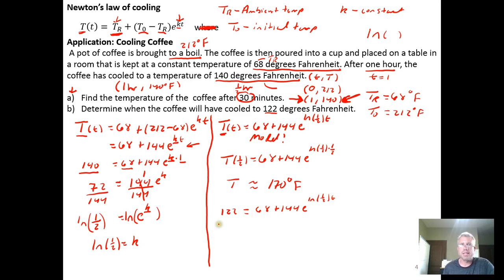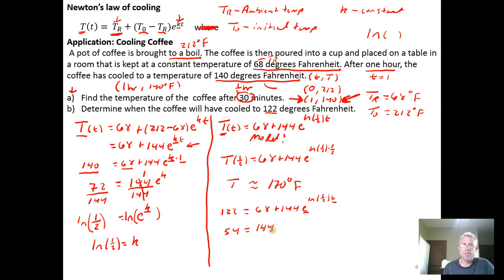Now I need to subtract this 68 from both sides because we have to isolate e to dig time out of the exponent position. So that's going to be what? 122 minus 68 is 54. Subtracting 68 from both sides, add back to check your work.